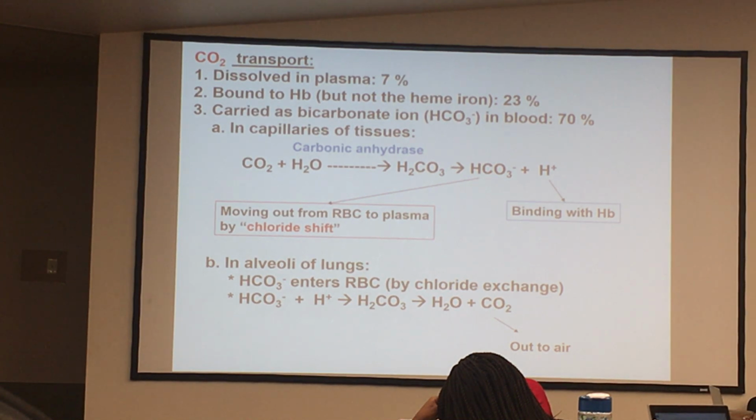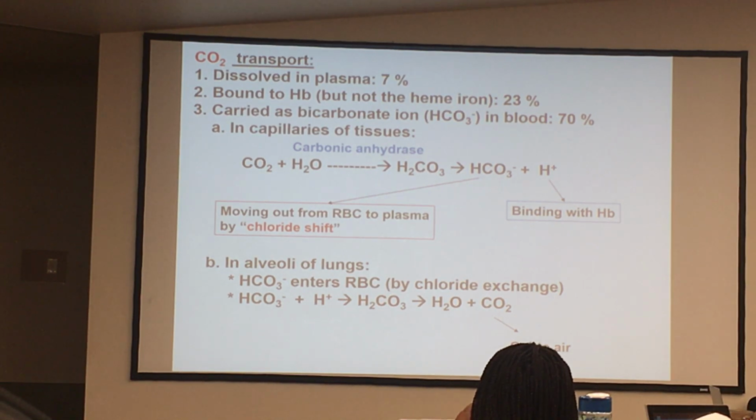One year, the MCAT question asked: the CO2 transport in our blood is mainly in what? Okay, and they had many choices. Hemoglobin, no. Bicarbonate ion, yes.